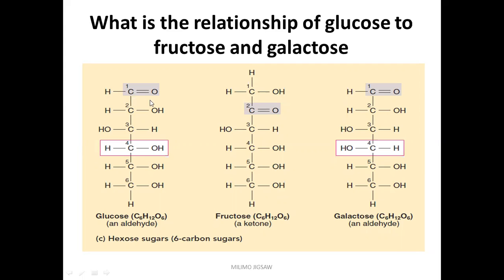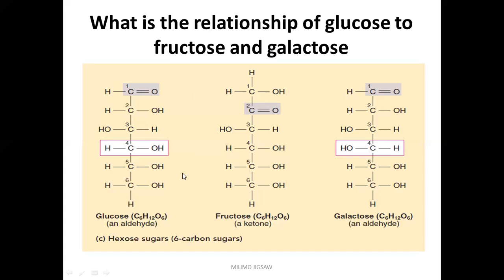Glucose is an aldose, right? There's an aldehyde functional group. Galactose also has an aldehyde functional group. Fructose has a ketone functional group, the ketone carbonyl group. So you've noted the structures.